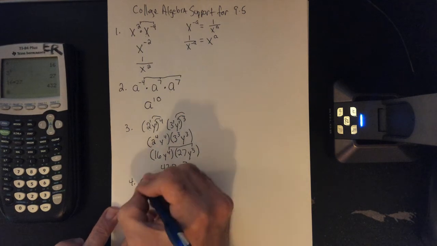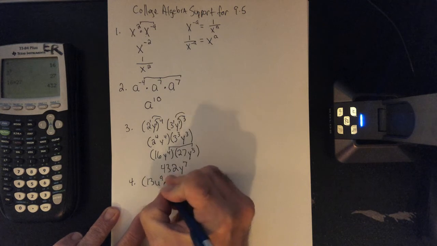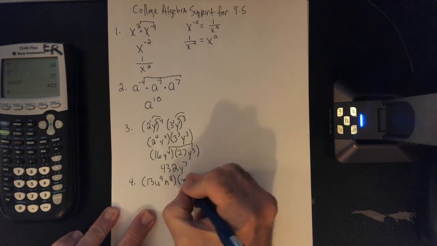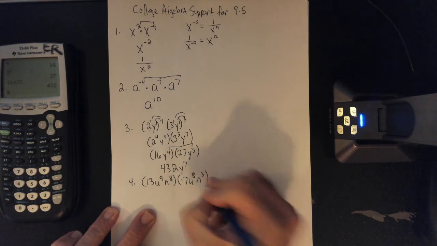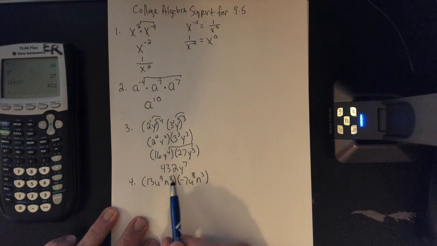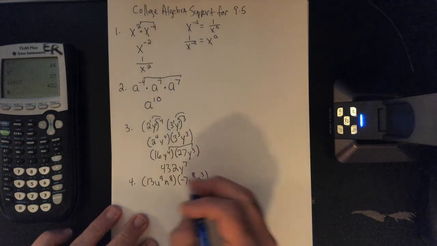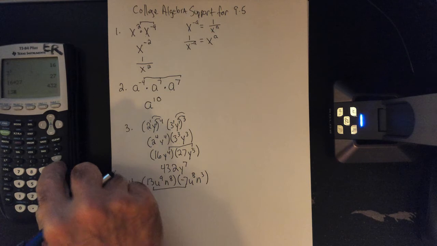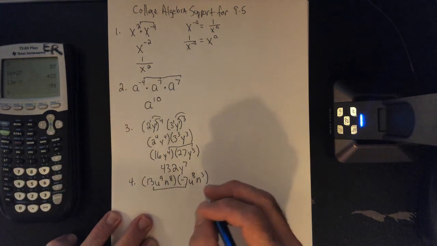Alright, number 4, I've got 13 u to the 9th n to the 8th, times negative 7 u to the 8th n to the 3rd. We can't do anything inside the parentheses, and there are no exponents to distribute, so we're going to start by multiplying. 13 times negative 7 is going to equal negative 91.